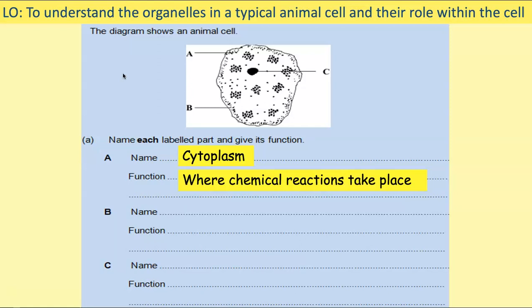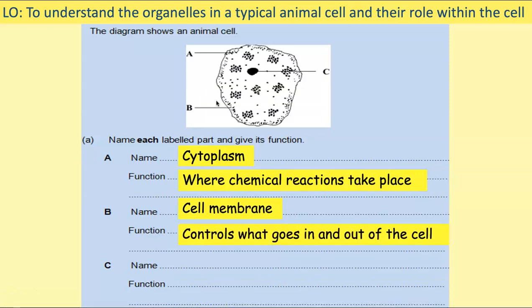If we now look at B, we've got B pointing to the very edge of our cell here. We know that the cell membrane surrounds an animal cell. So we know that B is cell membrane. We know that the function of the cell membrane is that it controls what goes into and out of the cell.